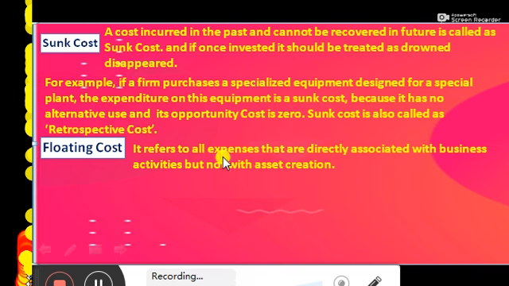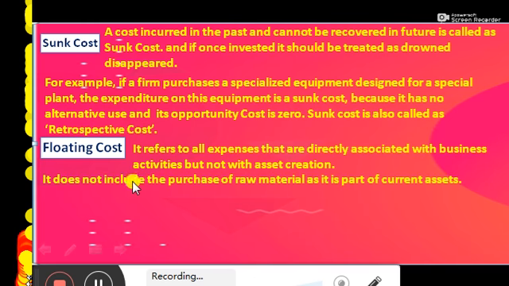It refers to all expenses that are directly associated with business activities but not with asset creation. Maybe day-to-day expenditure அப்படின்னு சொல்லலாம். Money spent for the day-to-day expenditure, but this does not come under any asset creation.